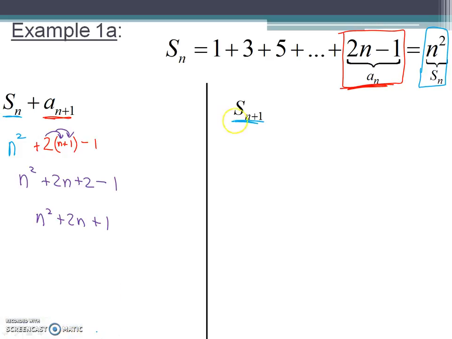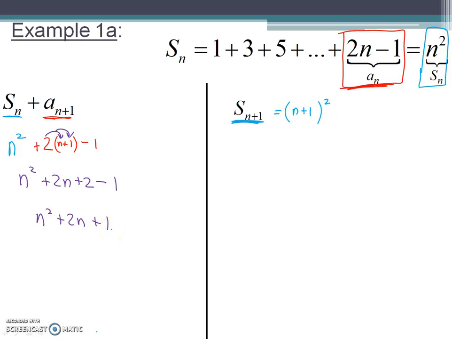So now I want to take S and do the same n plus 1 thing to here. So S says variable squared. But instead of just an n, I'm going to put an n plus 1 in its place. And I'm going to simplify. And cross my fingers and hope that this simplifies to the same as this does, which it absolutely does.